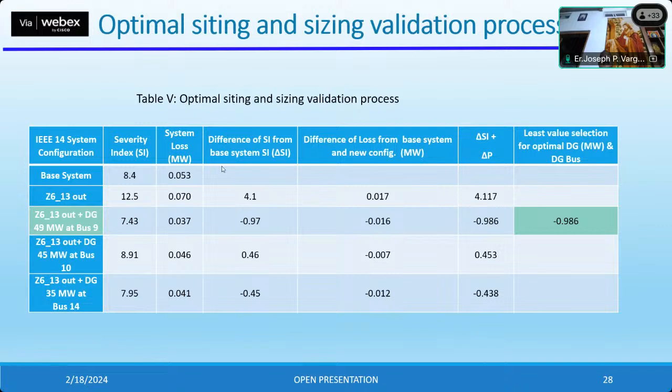The difference of the severity index from the base system is a negative value, and here the difference in loss between the base system and the new configuration is also negative. From this, we can see that the severity index as well as the system loss is reduced when we penetrate 49 megawatt DG at bus number 9 in the outage condition of line number 613.